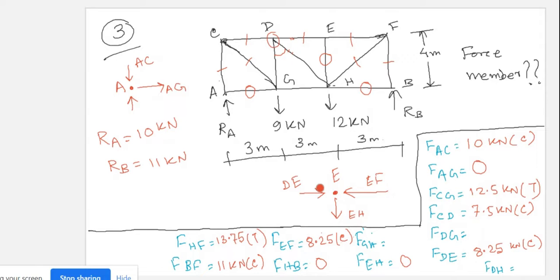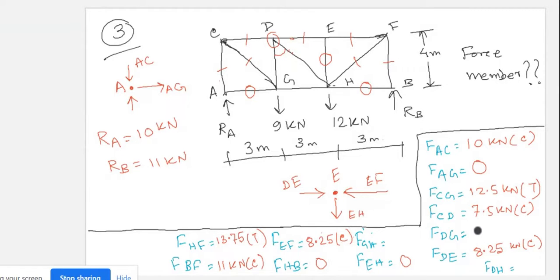Sir, point D is not coming, please explain. Okay, but then maybe I don't know. My values are okay. What are my values? I am writing it here. Just let me know whether this is coming or not.